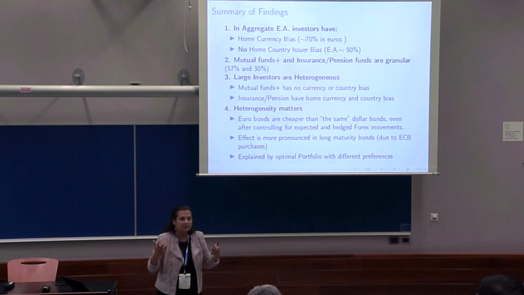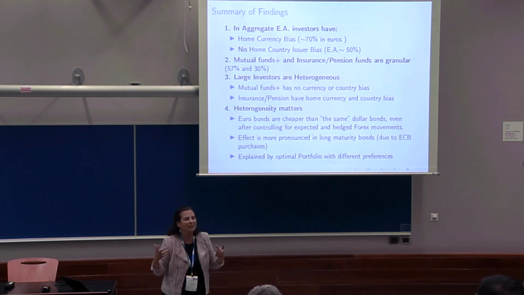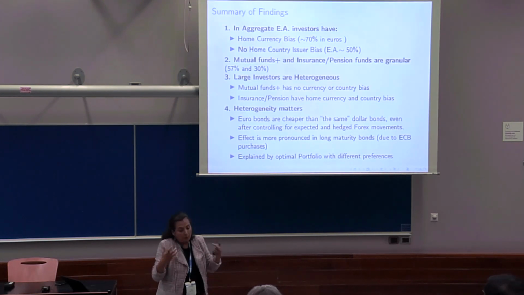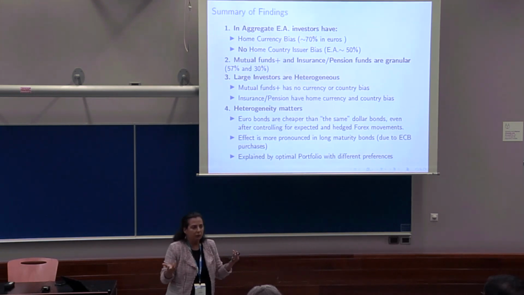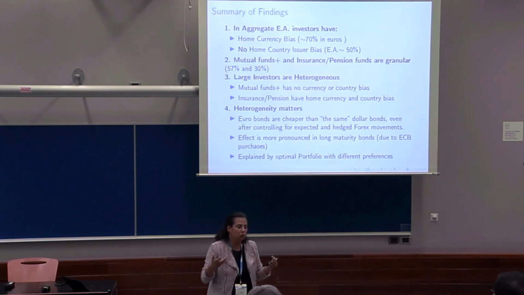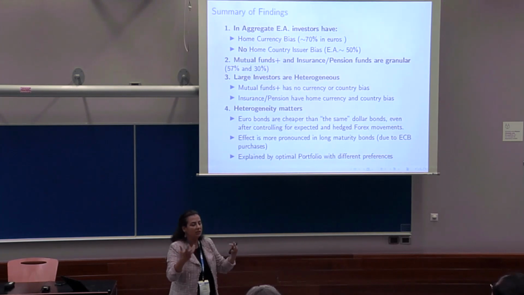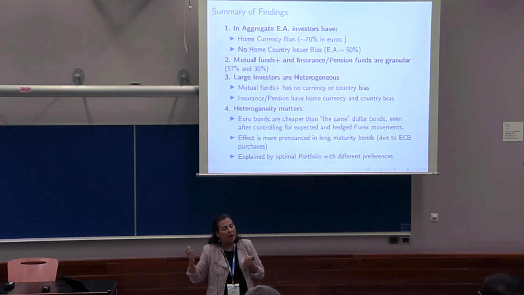The importance of this result is that this heterogeneity matters. Specifically, these large holders of bonds, the pension funds and insurance companies, from our perspective, don't see the dollar and euro-denominated bonds as complete substitutes. So there is some segmentation in preferences.